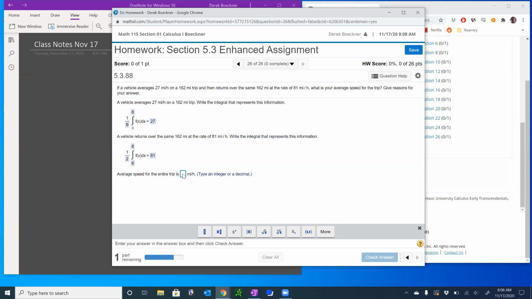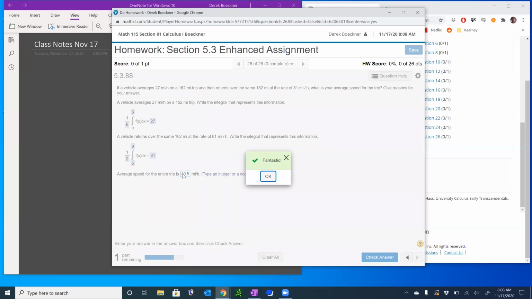So that's 324 divided by 8 would be 40.5 miles an hour. So you just add up the total distance and divide it by the total time, then you get 40.5.